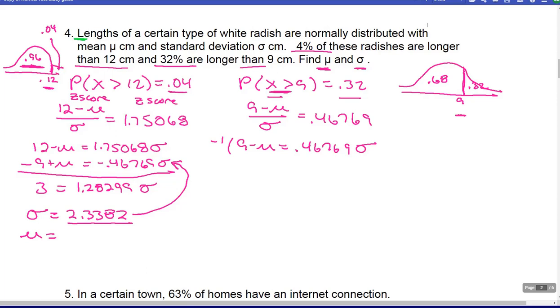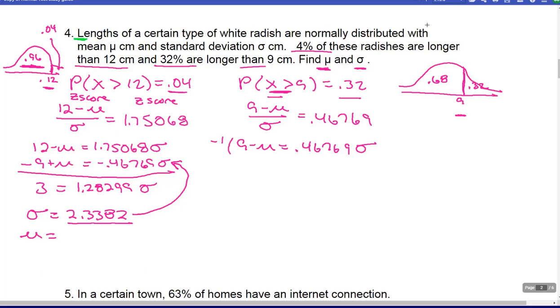Take negative 0.46769 times 2.3382, and I get negative 1.09355, something like that.